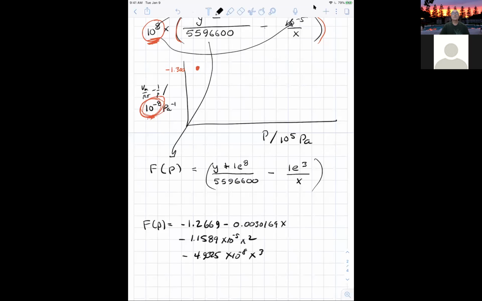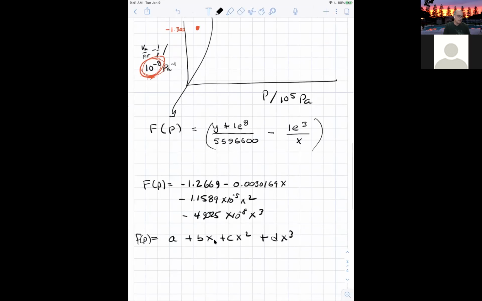So what we're going to do now is go back to our paper. And here I wrote down the function. But to make this easier, we're going to call this A plus Bx plus Cx squared plus Dx cubed, because we want to do the integration.